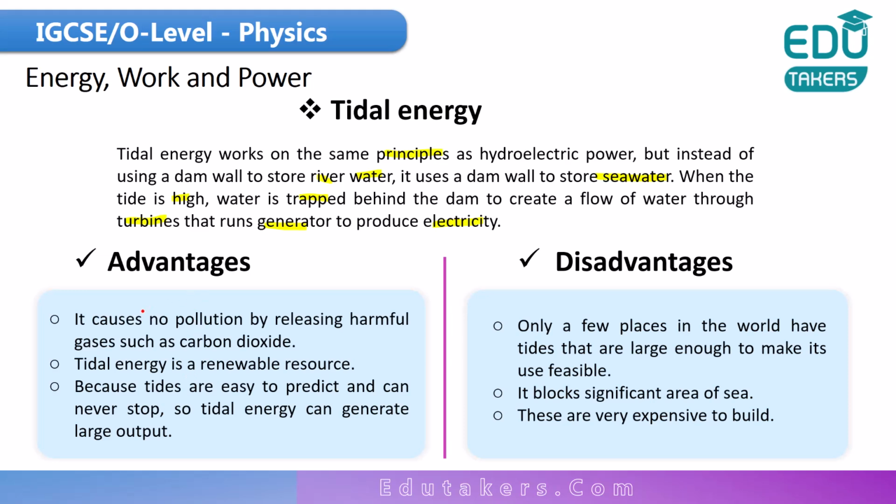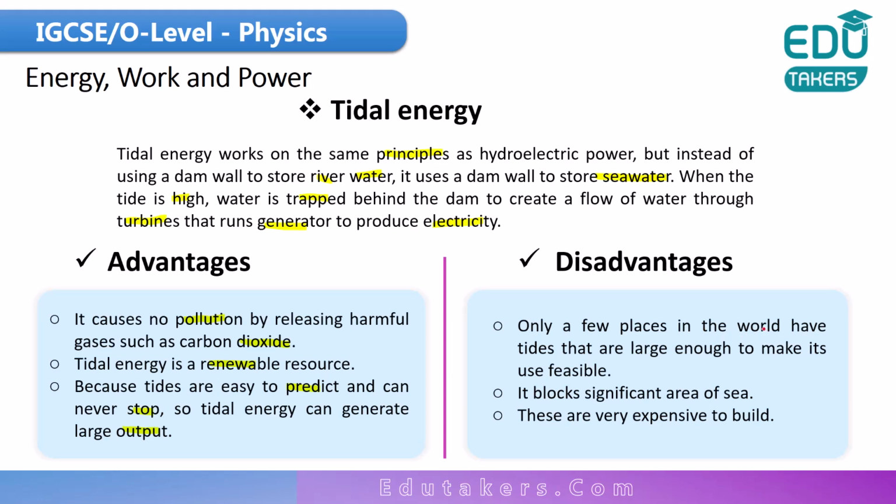You can also see here, it causes no pollution by releasing harmful gases such as carbon dioxide. Because the tides are easy to predict and can never stop, tidal energy can generate electricity on a large scale. What are the disadvantages of electricity generation by tidal energy?